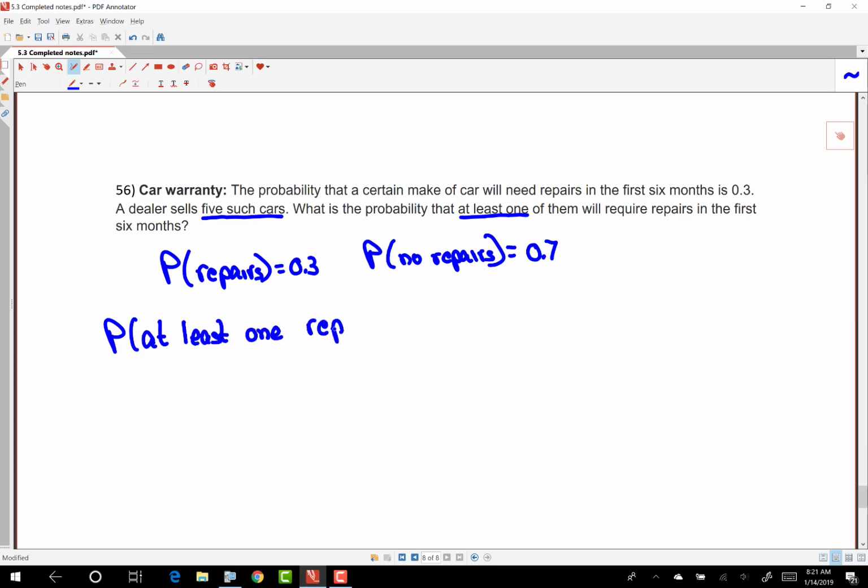Well, with at least one, it's going to be easier to flip it around and use the complement. So we're going to switch it to 1 minus the probability and change your at least one to none or no. So that's going to be 1 minus the probability of no repairs for all 5 cars.